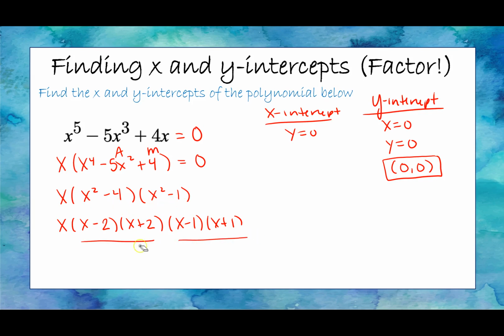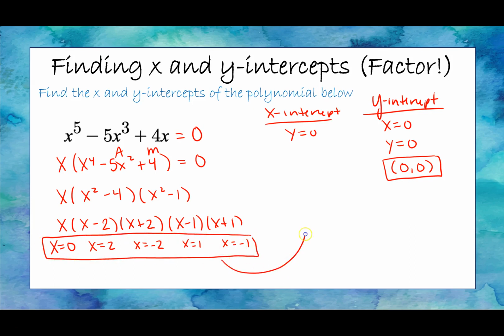So finding my x-intercepts, I get x equals 0, x equals 2, x equals minus 2, x equals 1, x equals negative 1. Those are my x-intercepts, and you could write each of these as coordinates: (0, 0), (2, 0), (negative 2, 0), (1, 0), and (negative 1, 0).